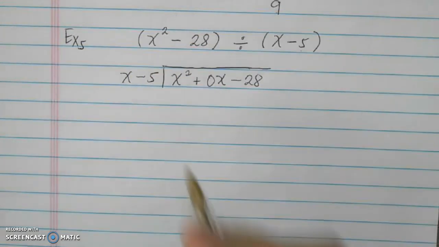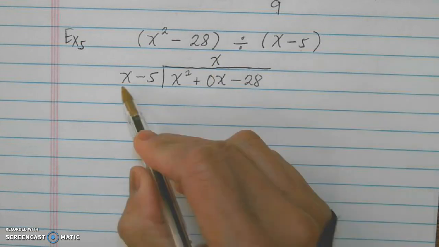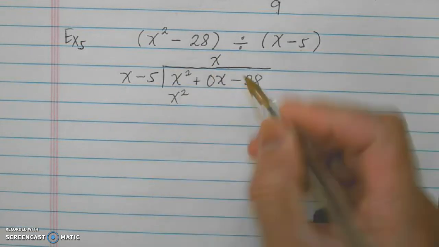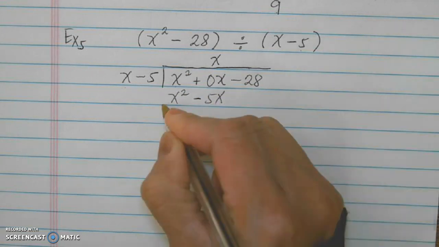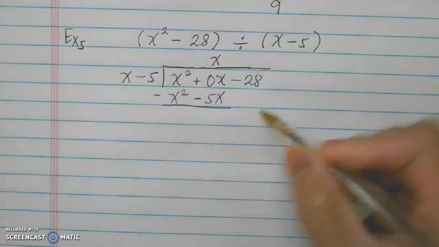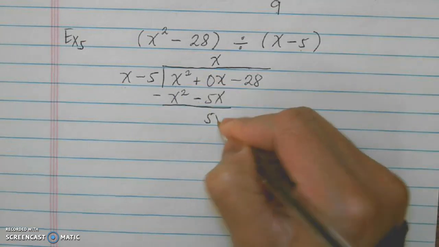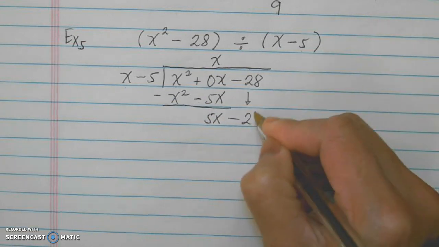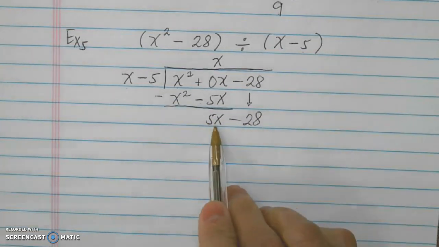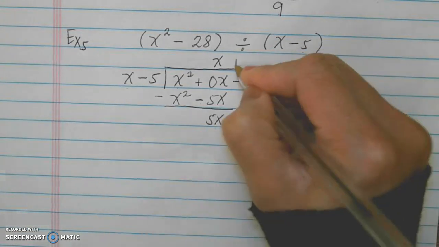So let's begin. x squared divided by x is x. x times x is x squared. x times negative 5 is negative 5x. Then we subtract. This is a 0, but double negative is a positive 5x. Bring down negative 28. 5x divided by x is a positive 5.